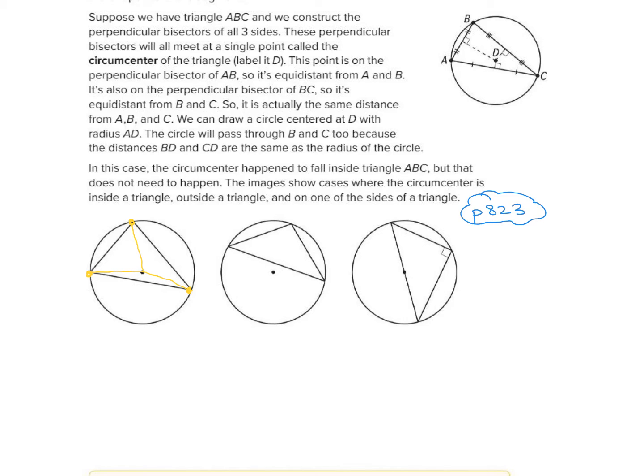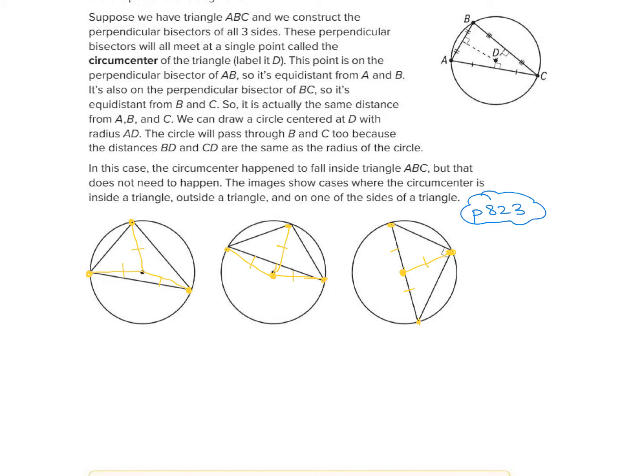It circumscribes the triangle. It's on the outside of the triangle. So the same thing with diagram 2. That distance from the center is the same. That's the radius of my circle. And the same thing for the third picture. These distances are the same from the center to the 3 vertices. So let's mark these the same.